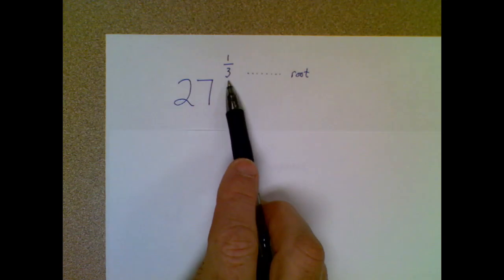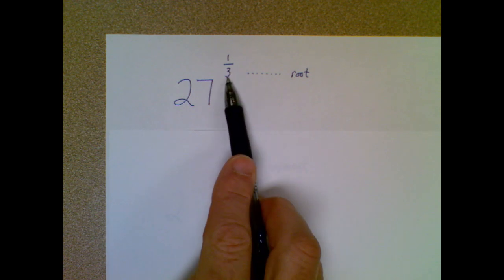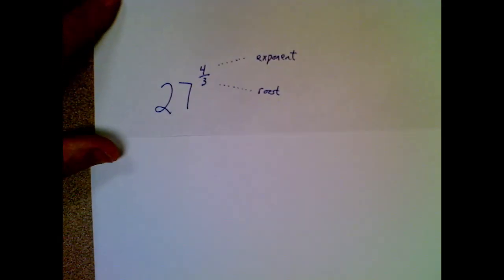So let's take a closer look at the fractional exponent. Remember, the 3 in this case represents the root. So I could have written this as the 3rd root of 27, which means what number multiplies by itself 3 times in a row to equal 27, and that is 3. But what about that 1 up there? Let's take a look.